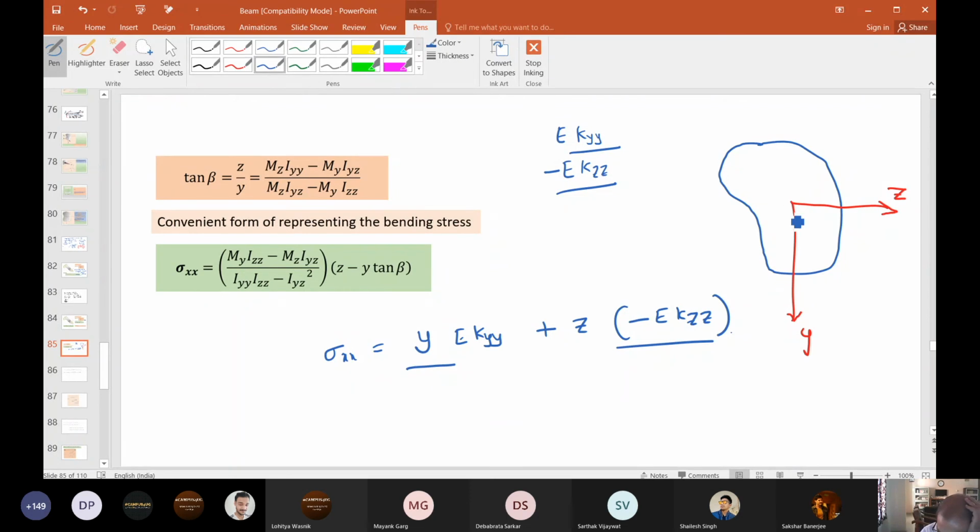Let's say my moment is in this direction. So what I did was take the moment about the Z axis, MZ, and the moment about the Y axis, MY. About the Y axis it will bend like this, that is in the XY plane.